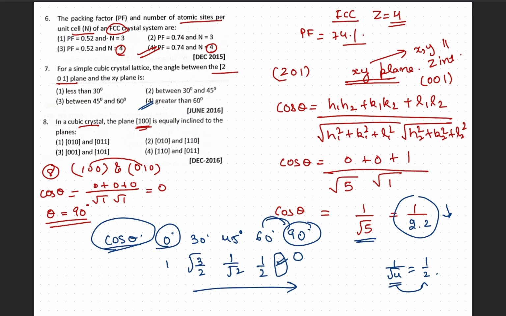Similarly, if I find the angle between this and this one, 0 1 1, these are the Miller indices, okay, the cos theta value will be 1 into 0 plus 0 and 0, divided by the magnitudes, this is also 0, 90 degree. So in the first option only the angle is the same, so the answer will be 1. Similarly you can find for second, third, fourth, the angle will be different, so the correct answer will be 1, right?